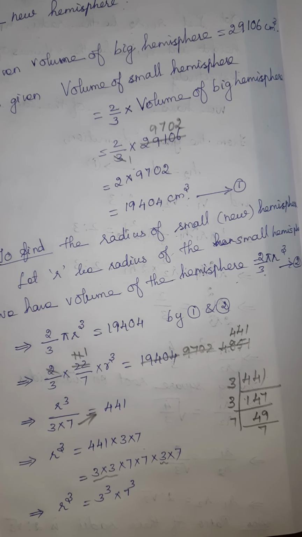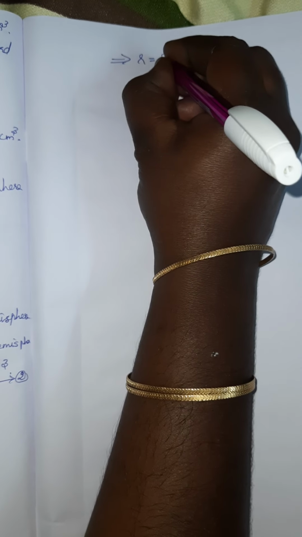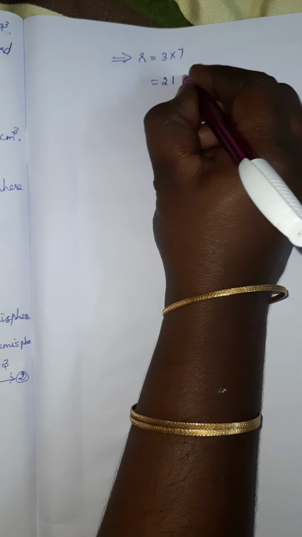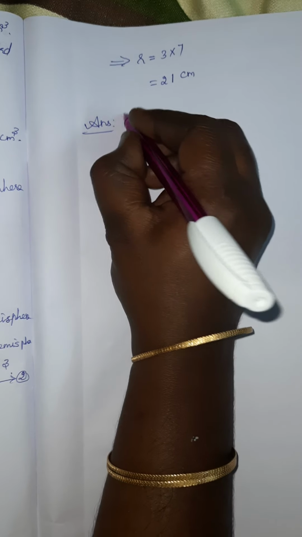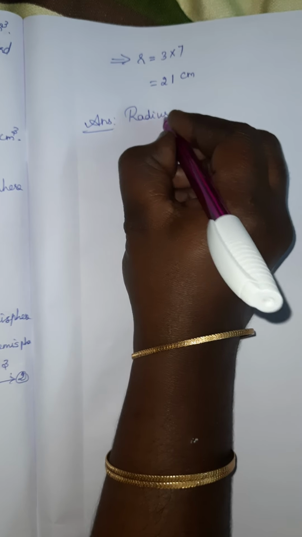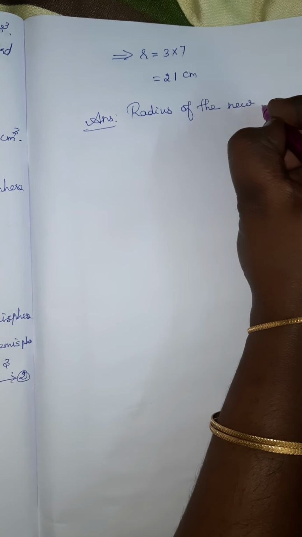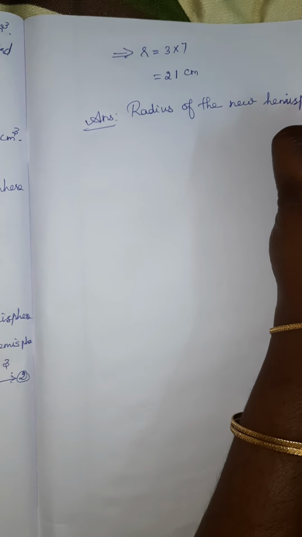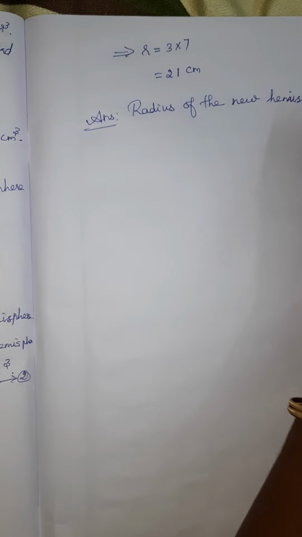It is 3 into 7, that is 21, which implies r is equal to 21. The unit is centimeter. So we can write the answer: the radius of the new hemisphere is 21 centimeter. Are you all clear?